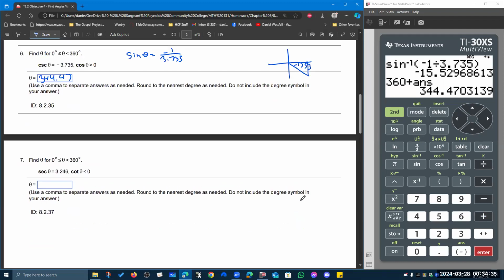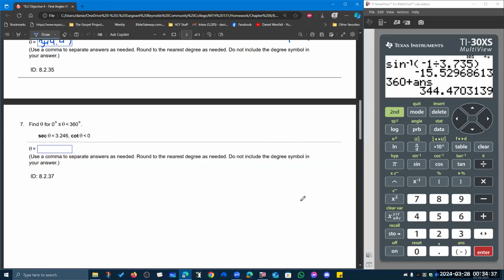I have one more here. Secant is positive, so I'm over here in 1 or 4. Cotangent is negative, so I'm in quadrant 4. And that means cosine of theta equals 1 over 3.246.